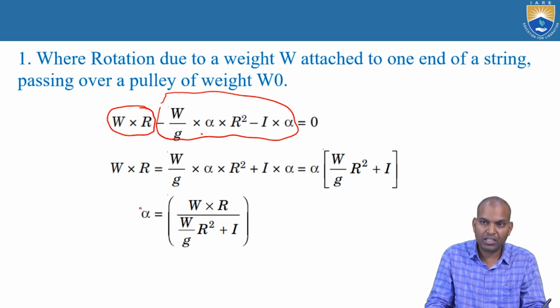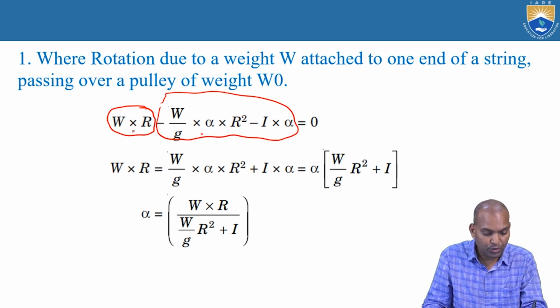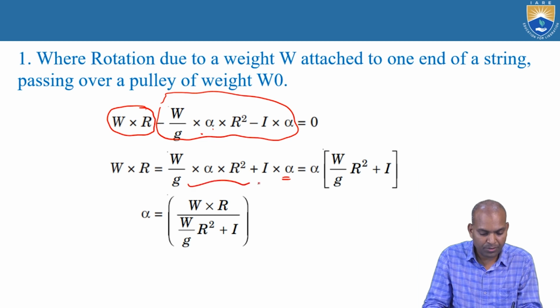Now simplify. W times R equal to, moving these terms to the right hand side, W by g alpha R square plus I alpha. Is there any common term here? Yes, the common term in both is alpha.